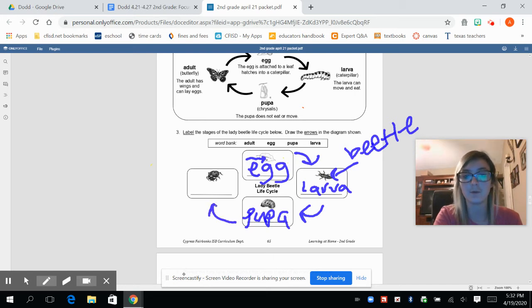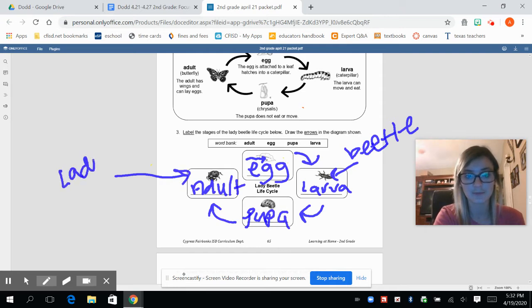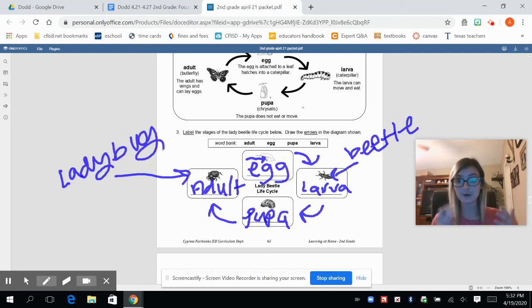And so then we go to our final stage, which is the adult, or step 4 in the life cycle. Well, our adult is the ladybug. So our little black beetle has turned into this red ladybug with little black spots on it.